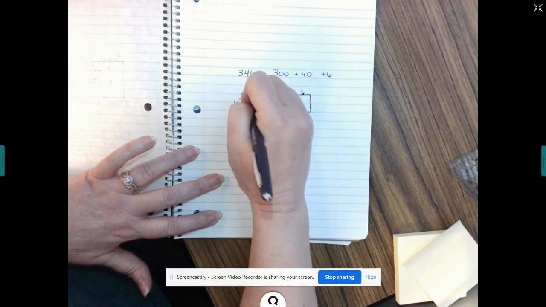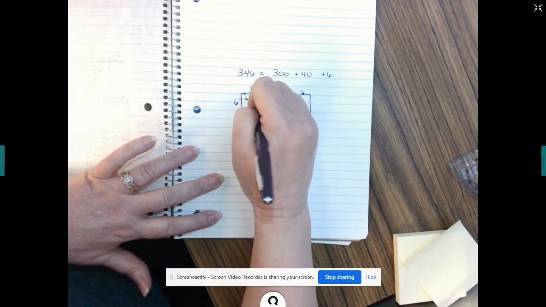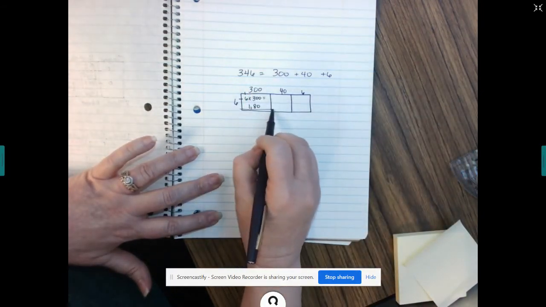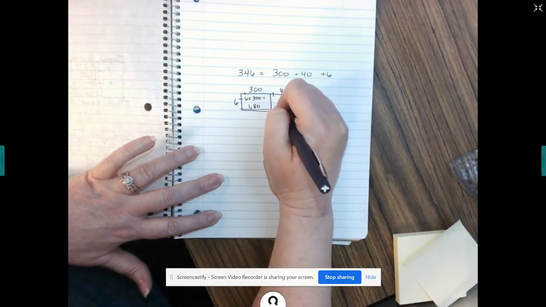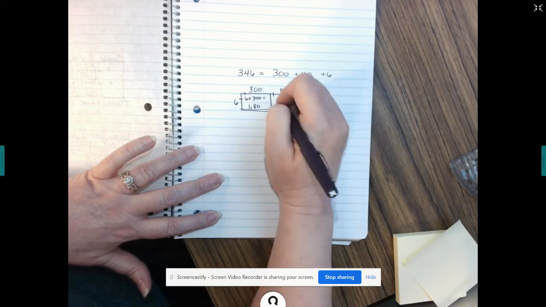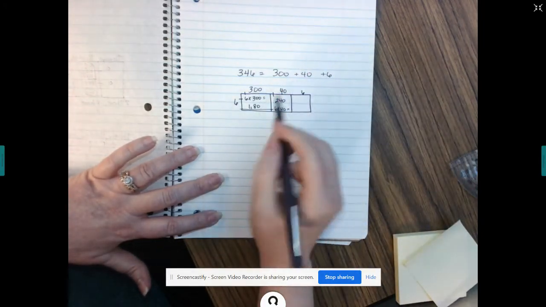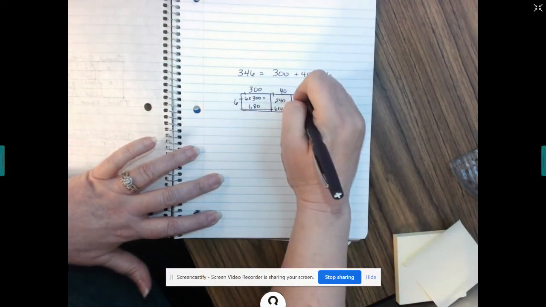So I have 6 times 300. So that equals 1,800. In this box, I'm going to multiply 6 times 40. And that's the same thing as 240. And in this box, you see I'm going to multiply across times up, 6 times 6.